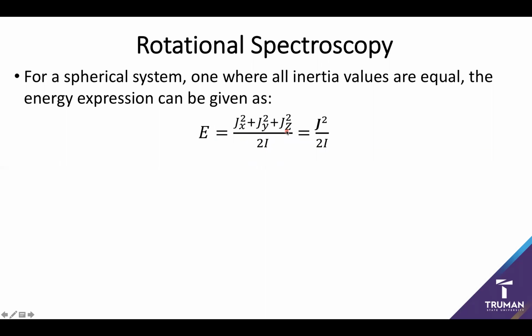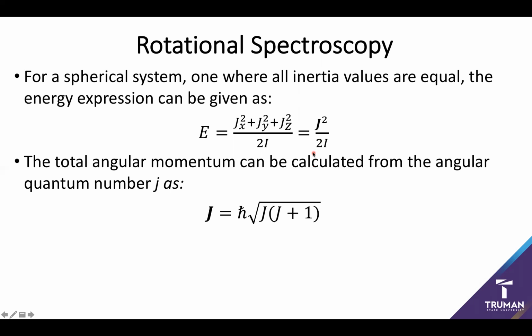Now here we also get very lucky in that the sum of the individual component angular momenta is just our total angular momentum, because who doesn't love a nice simple expression? And as a reminder, we can find our total angular momenta based on our angular quantum number.